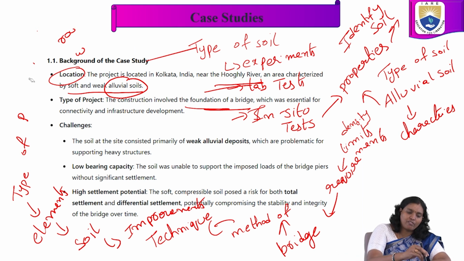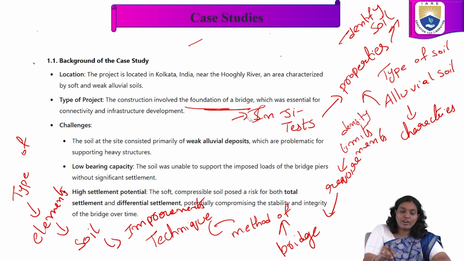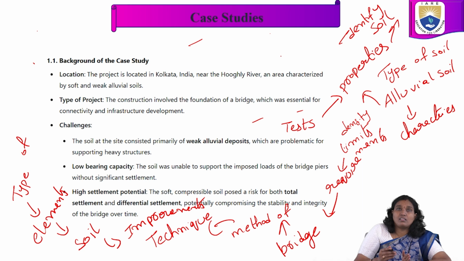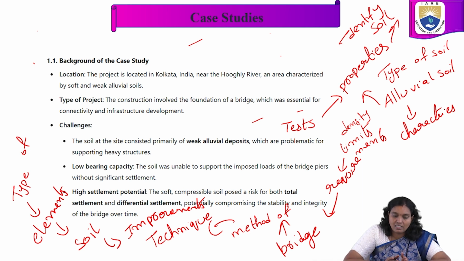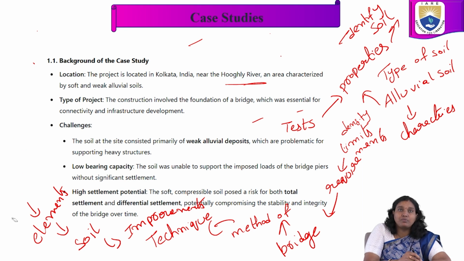This is the background of the case study. According to the location, the project is located in Kolkata, which is near the river. According to that, we have to understand the various types involved and the elements.